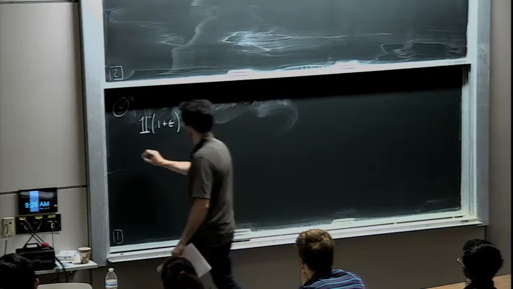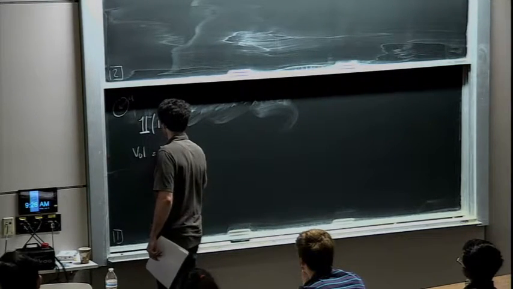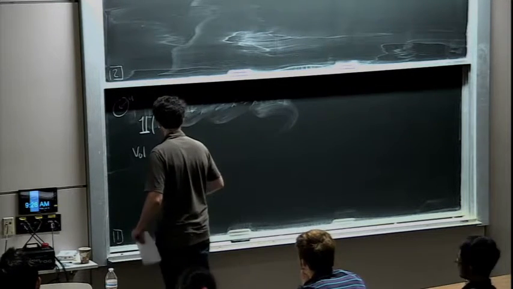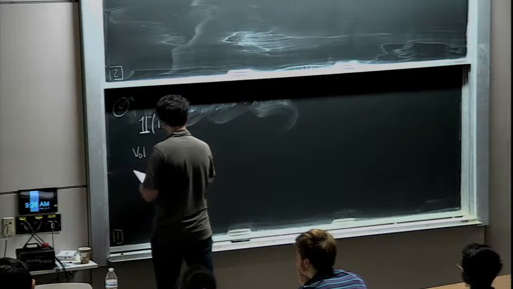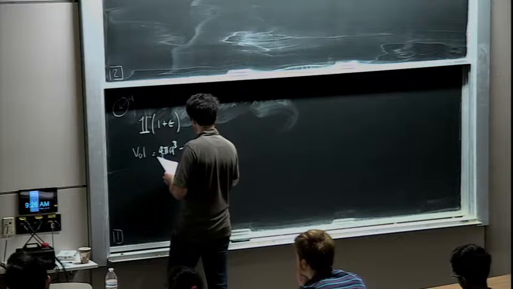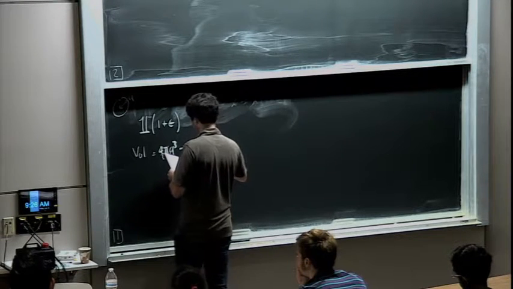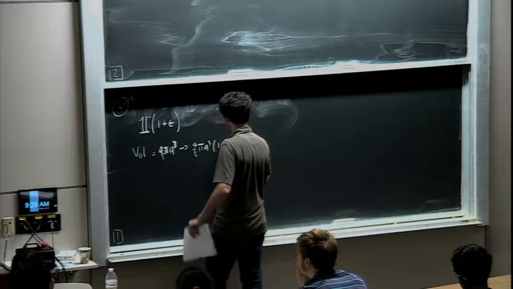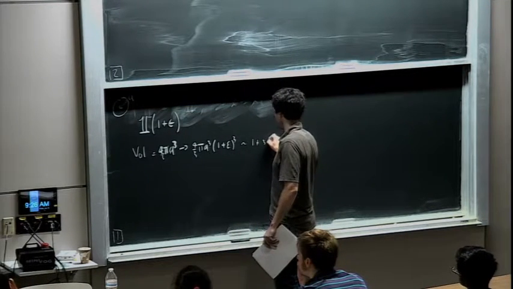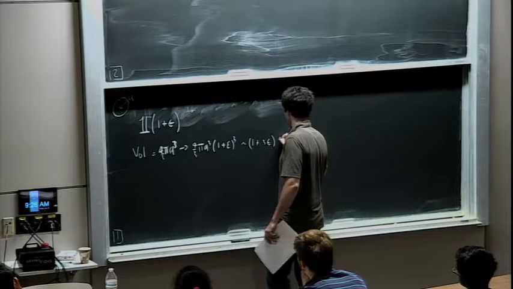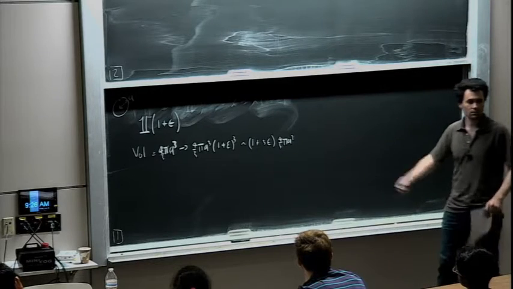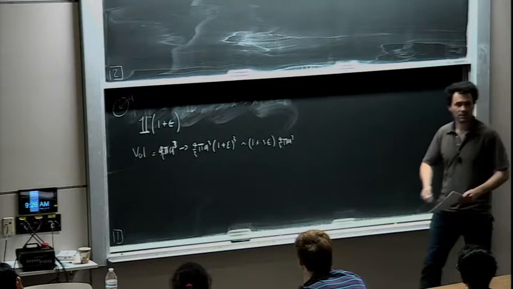So the volume, which is 4/3 pi a cubed, is going to go to 4/3 pi a cubed times 1 plus epsilon cubed, right, which goes with 1 plus 3 epsilon. So what this term here corresponds to is a kind of general stretching or expansion of the sphere.